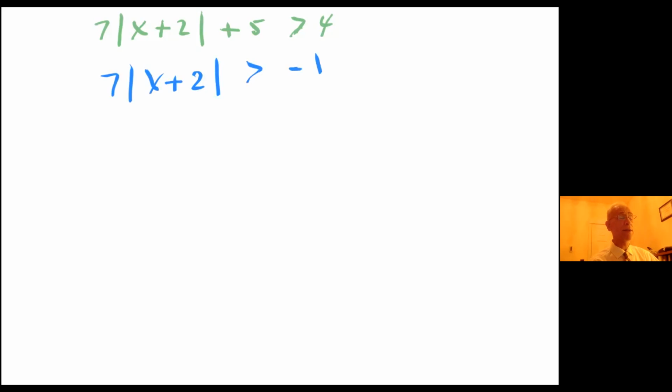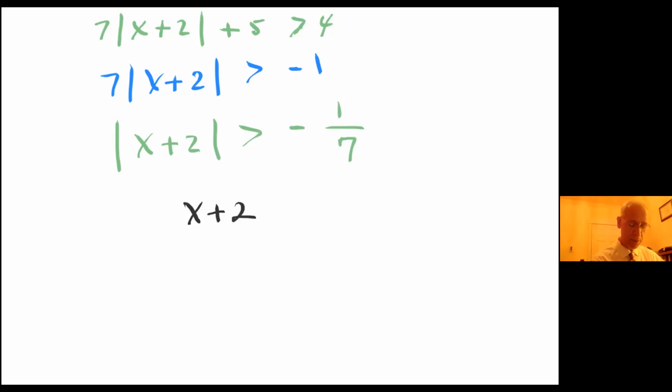So now I'm going to go ahead and divide both sides by 7, or you can think of it as multiplying both sides of this inequality by 1/7. So I would get absolute value of x plus 2 is greater than -1/7. So now that I have my absolute value isolated, now I can claim that x plus 2 is between -1/7 and +1/7. Now I'm going to subtract 2 from all 3 sides.